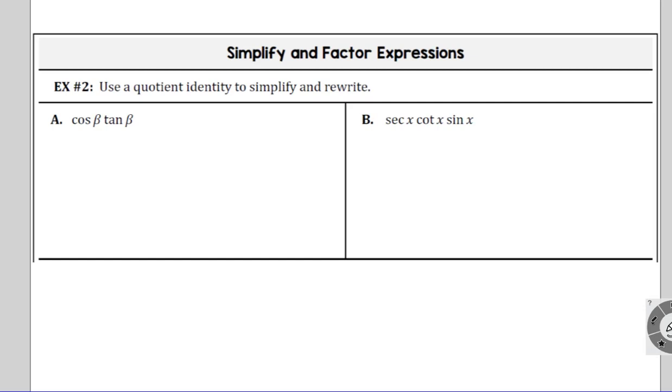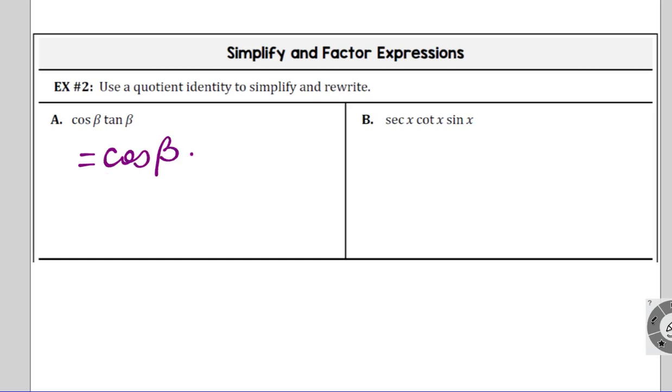Okay, so now we're ready to start simplifying and factoring, getting our feet wet here. We've got cosine beta times tangent beta. They want us to use a quotient identity to simplify and rewrite. So we know that tangent beta can be written as what?